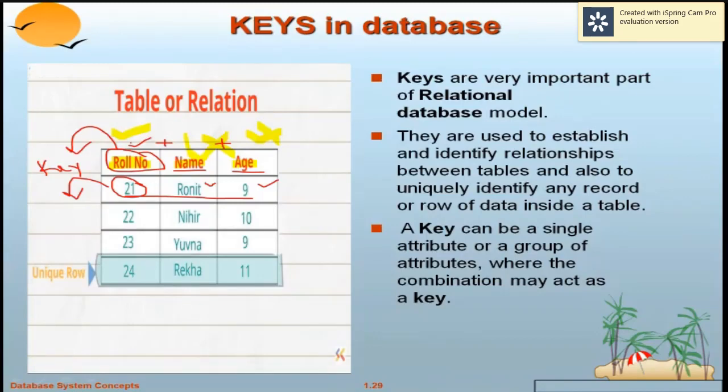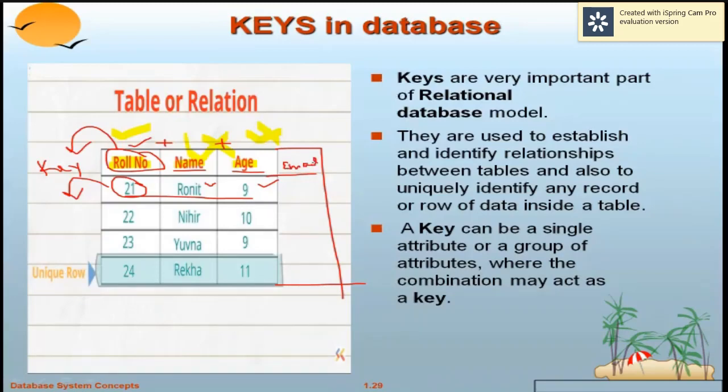Now, is there any rule that we have to have only one key? Is there any chance of having more than one key in a table? The answer is yes. We can have more than one key in a table. For example, if I add one more attribute called email ID, don't you think email ID is a unique identification?